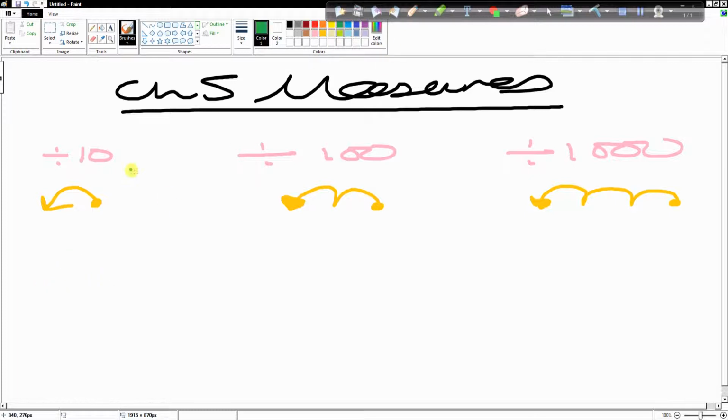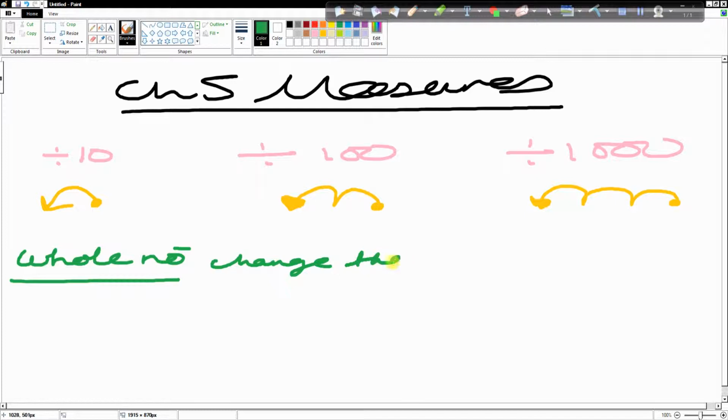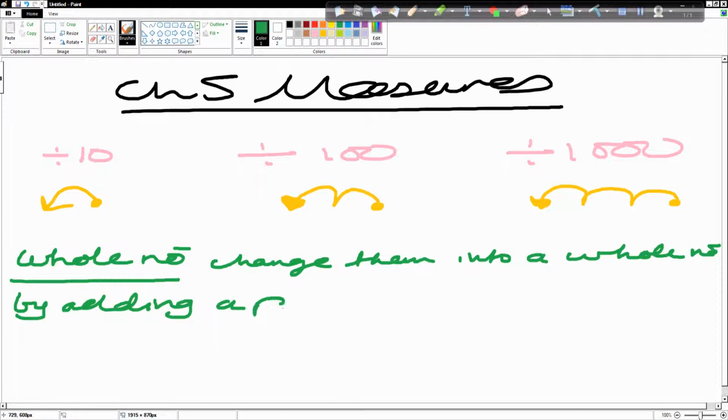What happens when we have whole numbers? If we have whole numbers, we can change them into a decimal number by putting a decimal point at the end, adding a point at the end of the number.